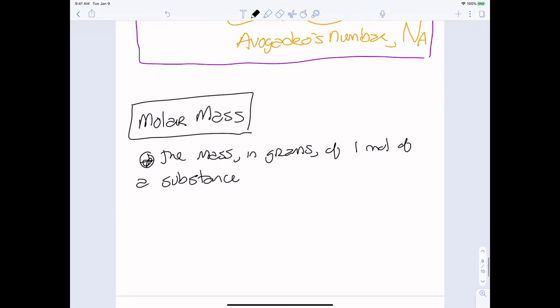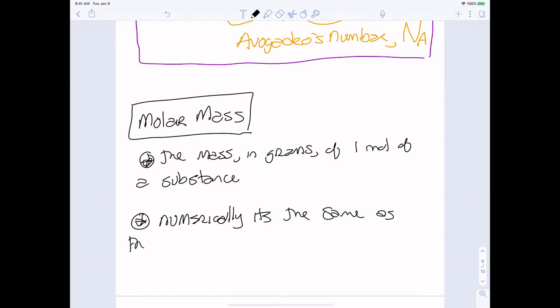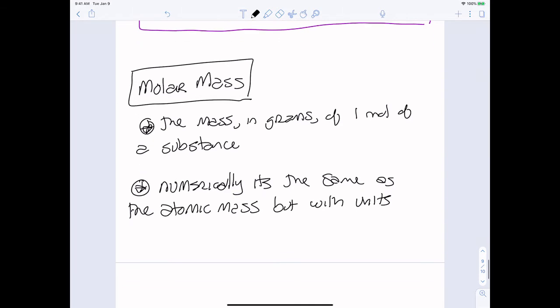We are going to relate it to atoms, of course, because this is chemistry, but numerically, it's the same, and this is for atoms, as the atomic mass. We talked about atomic mass in our last video, but with units of grams per mole, right?